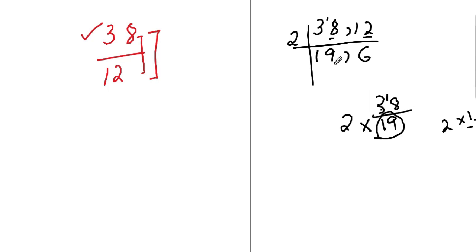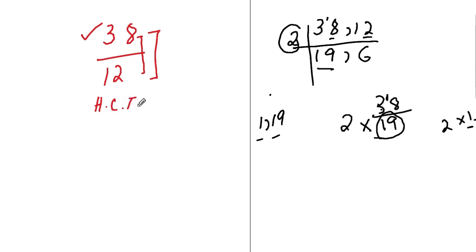Okay, so now look, 19 is a prime number. Prime number means that no other number other than 1 and 19 can divide here. It has no factor other than 1 and 19. So we don't have any other common factor. So 2 is the only HCF of 38 and 12.